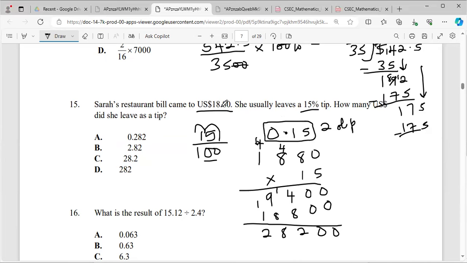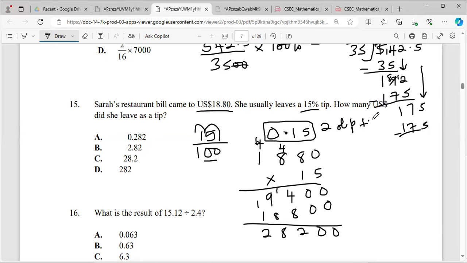In 18.80, how many decimal places? 2, 2, 2. How do you count the number of decimal places? After the decimal point, how many numbers? 1, 2. Then we add 2 plus 2 to get 4 decimal places.